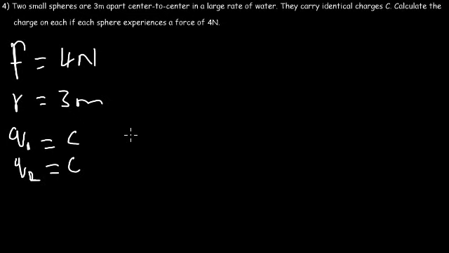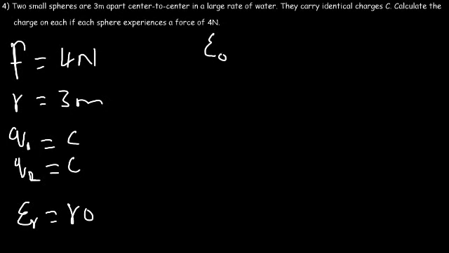Now you see that they are situated in a large tank of water. And if you could recall, at the beginning of this video, I said the relative permittivity of water is 80. So in order to get the absolute permittivity of water, I'm going to solve for it.